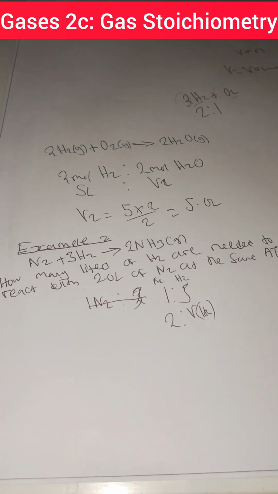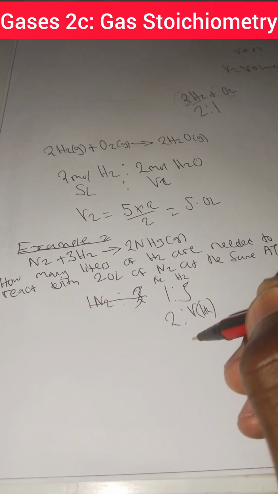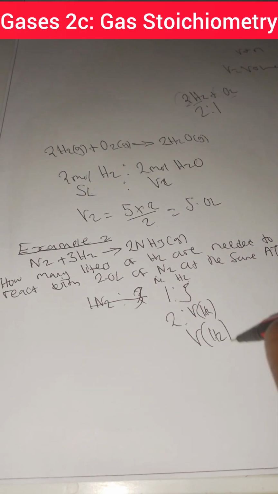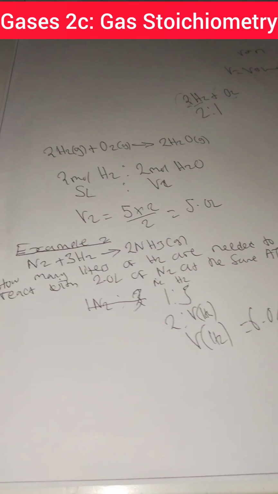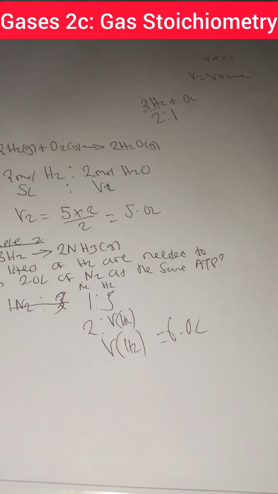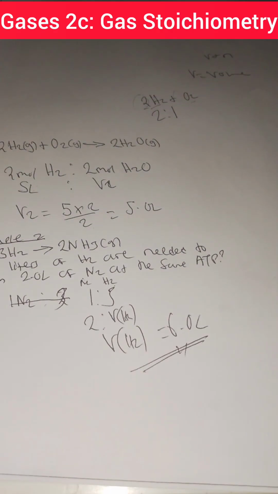The volume of hydrogen is equal to 2 times 3, which is 6.0 liters. So at the end, our volume of hydrogen is 6 liters. That is the volume needed to react with 2 liters of nitrogen at the same temperature and pressure.